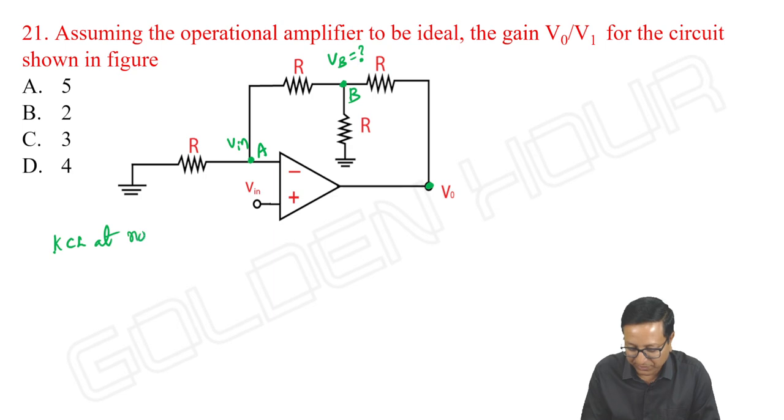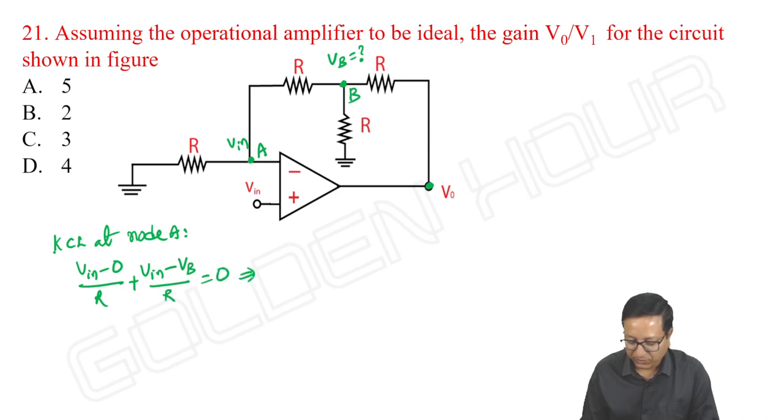KCL at node A: V in minus 0 by R plus V in minus VB by R is equal to 0. So VB is equal to 2 into V input.